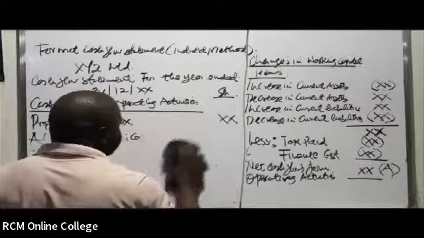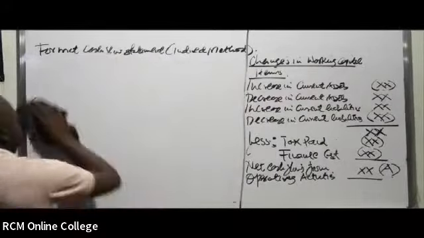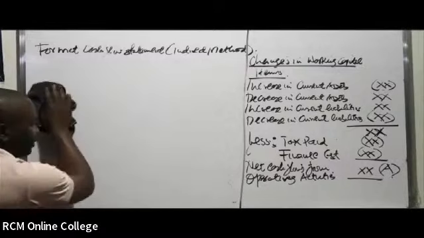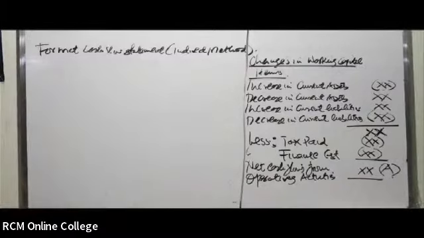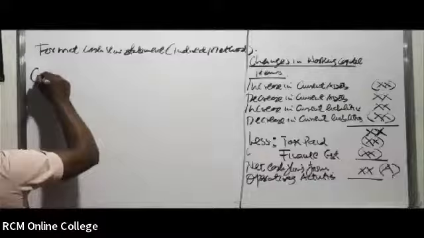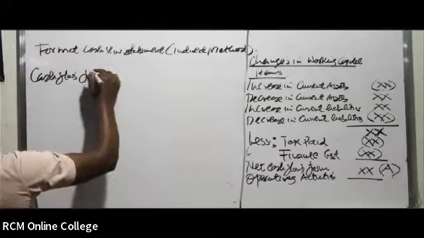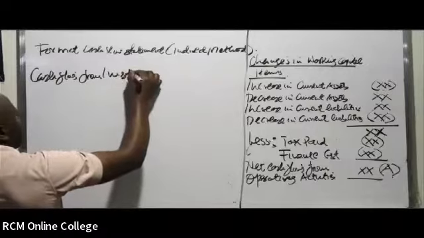So I'm going to continue here. You're going to the next one, which in this case is actually what? The investing activities. So you go to the next part of the cash flow statement. You write cash flows from investing activities.